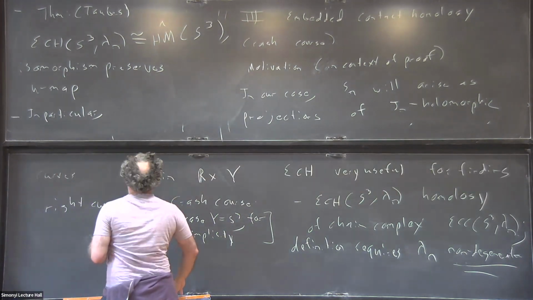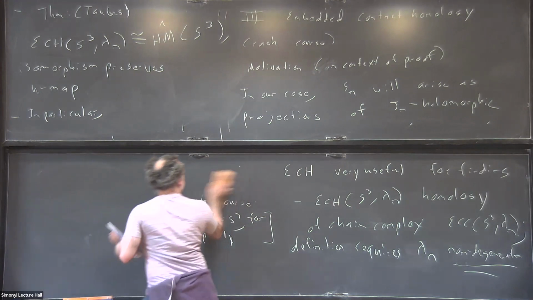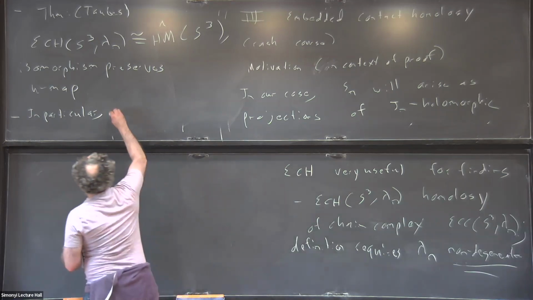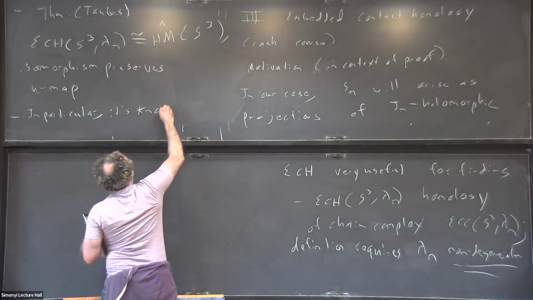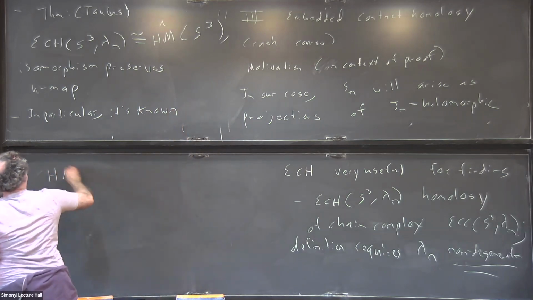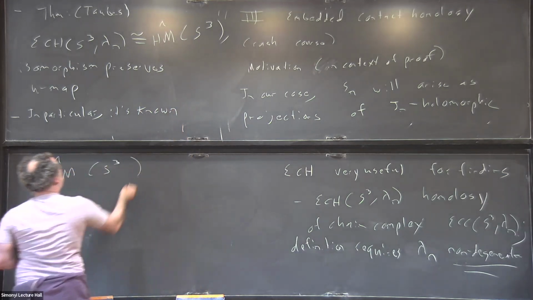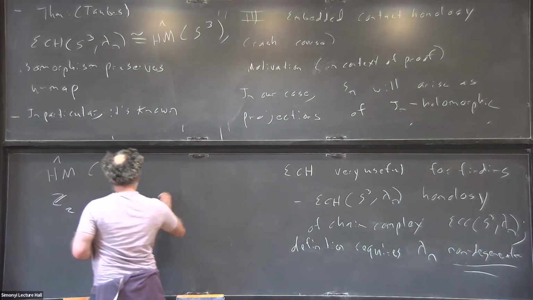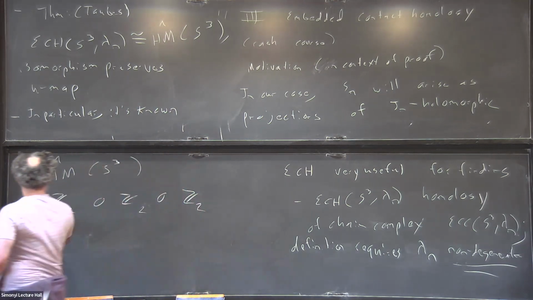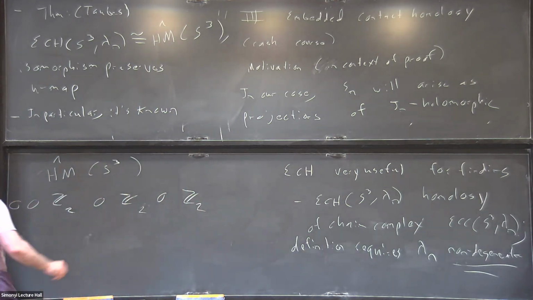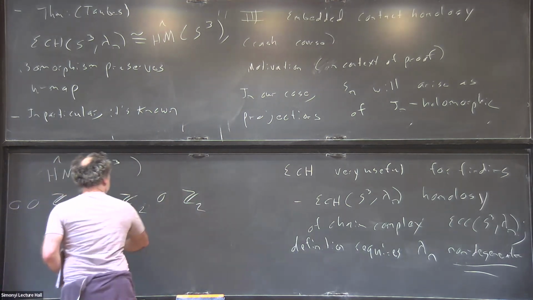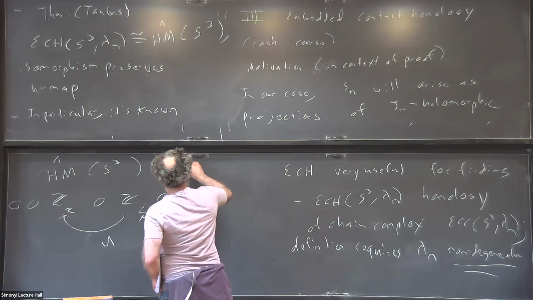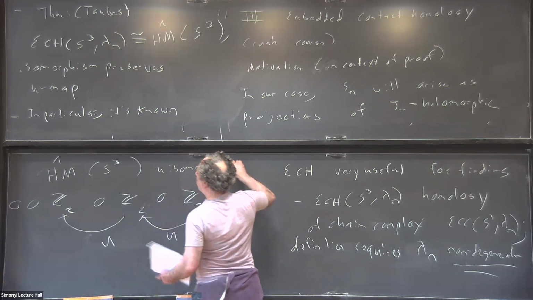I'll just draw HM hat of S3 for you. I'm doing Z2 coefficients, and it looks like this, and then maybe a bunch of zeros. And the U map acts as an isomorphism. There's a grading.